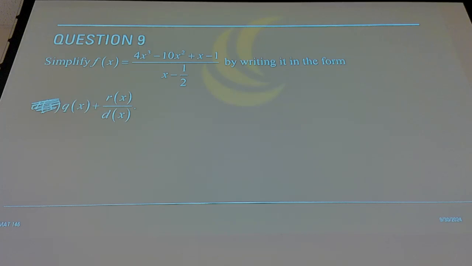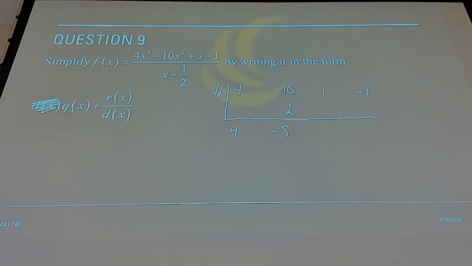Synthetic, can we use it? Yes. What is K? What are the coefficients? 1, negative 10, 1, and 1. 4 times a half. Add negative 10.